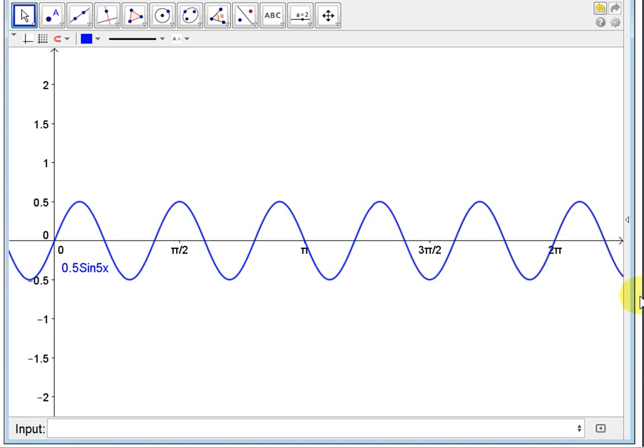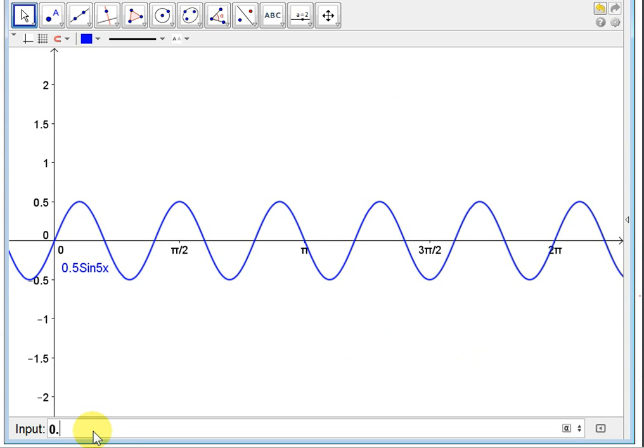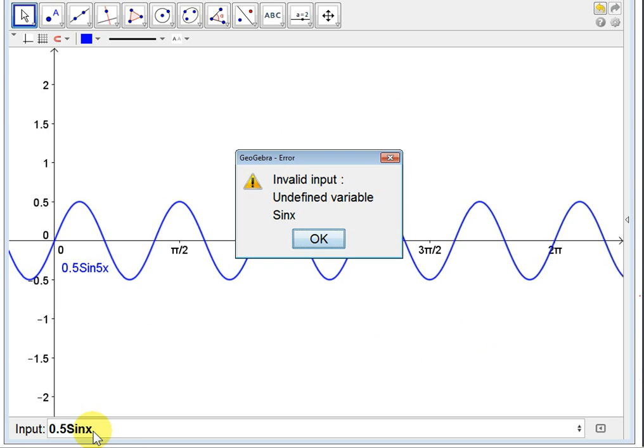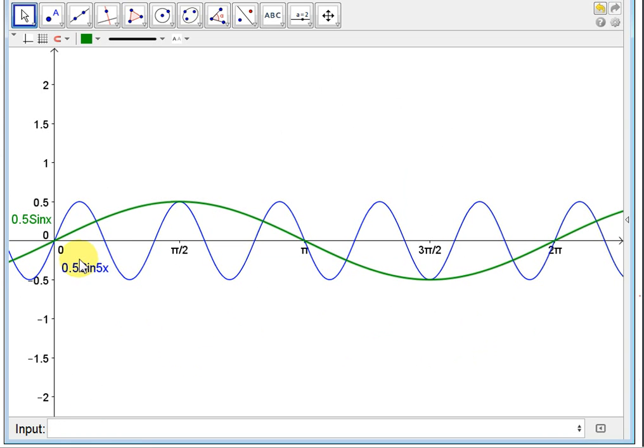Now let's plug in the other function. That's a half sine x. Now we're going to add these two functions together.